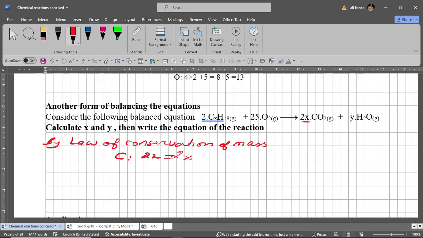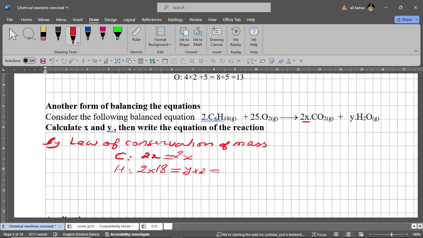Okay. Then this doesn't give any advantage. Hydrogen, what do we have in hydrogen? On this side, for reactants, we have 2 times 18, which will be equal to the product, y times 2.